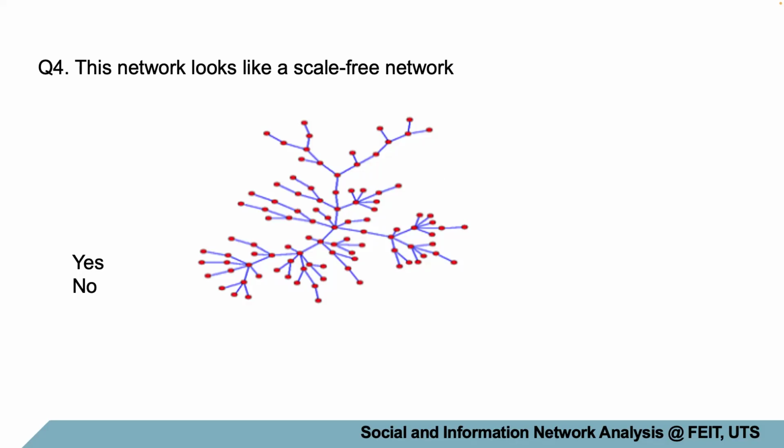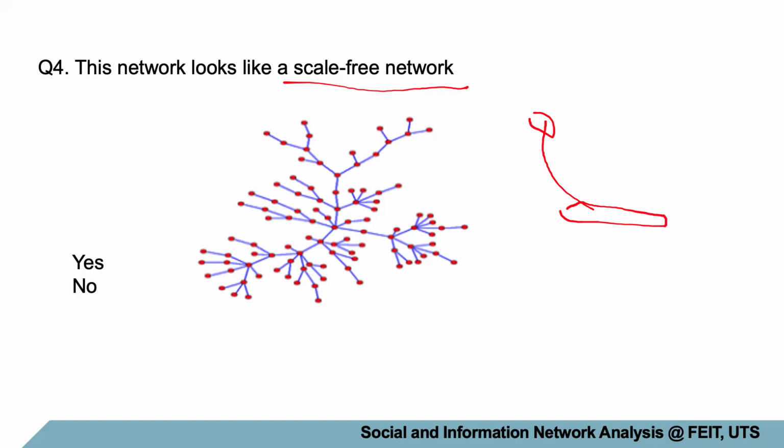Because in a scale-free network, the degree distribution satisfies a power law. A small number of vertices have really high degree, and many nodes have really low degree.